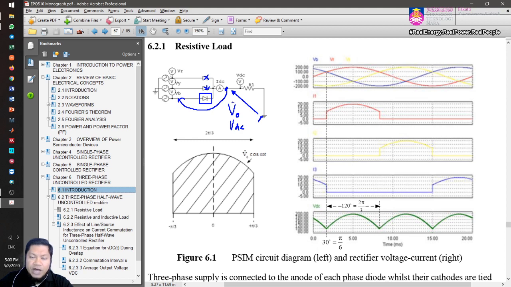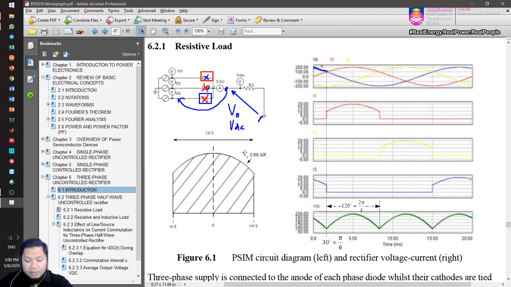So the output voltage will actually follow the blue waveform until this point, and then it will follow the red waveform, because the red diode will be turned on after this 30 degrees.